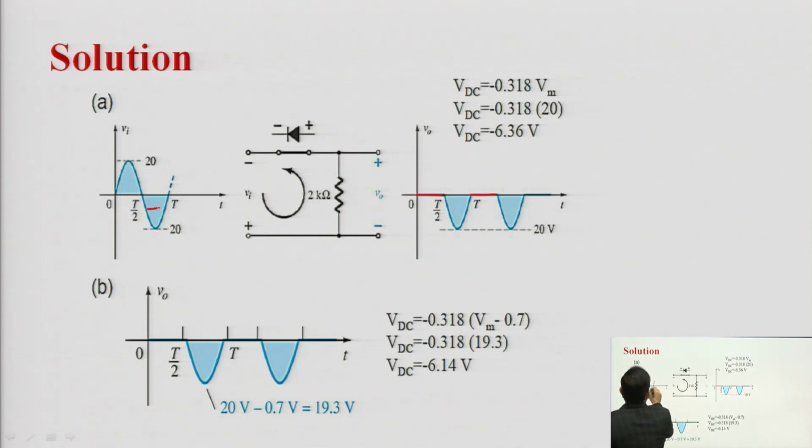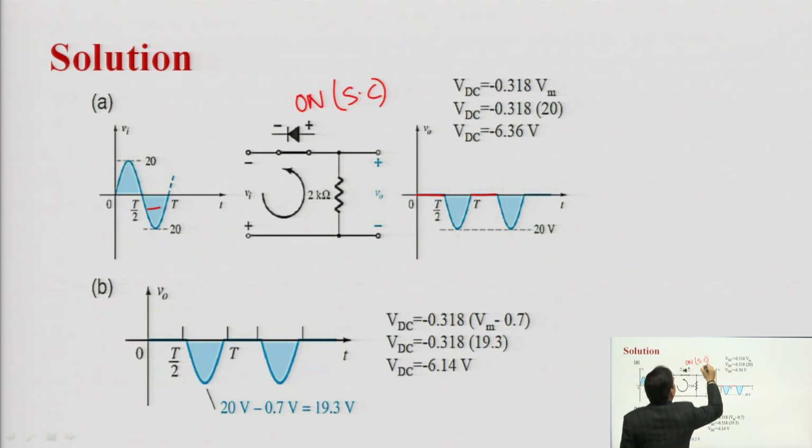But during the negative half cycle the diode will be on. On means short circuit if it is ideal, and we can calculate the output. So V output is nothing but Vi, so V output is 20 volt.